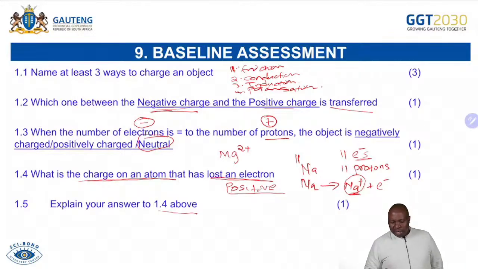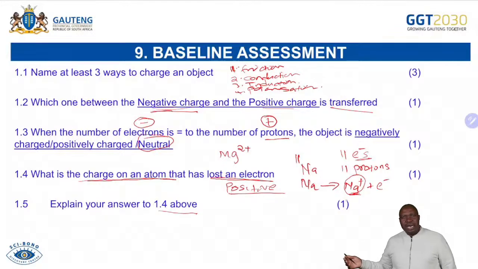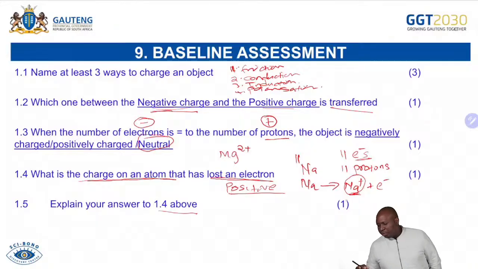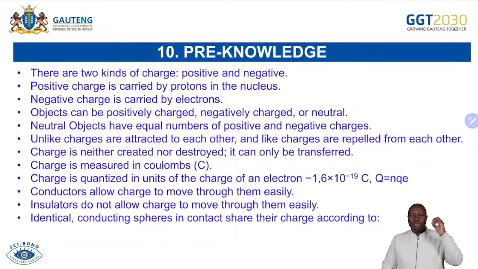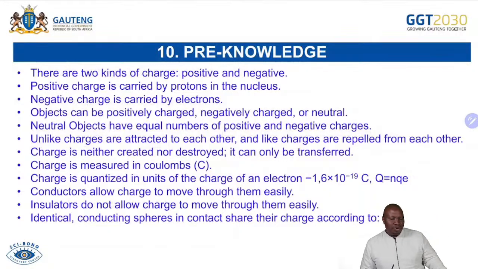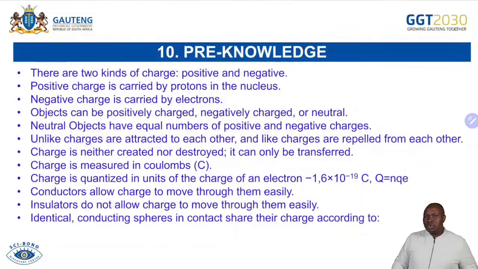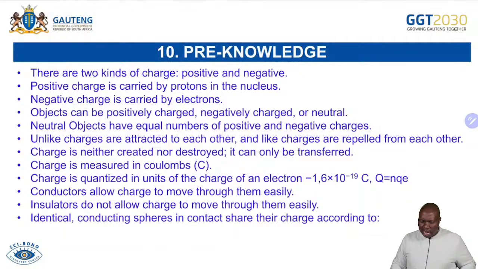As you hear, we are dealing mostly with positive charge, negative charge, and neutral. So our spheres will be positive, negative, or neutral. So it's important for you to understand the meaning of a positive charge. Positive charge means that we have lost electrons. Negative charge means that we have excess of electrons. And neutral means the number of electrons and the number of protons are equal.